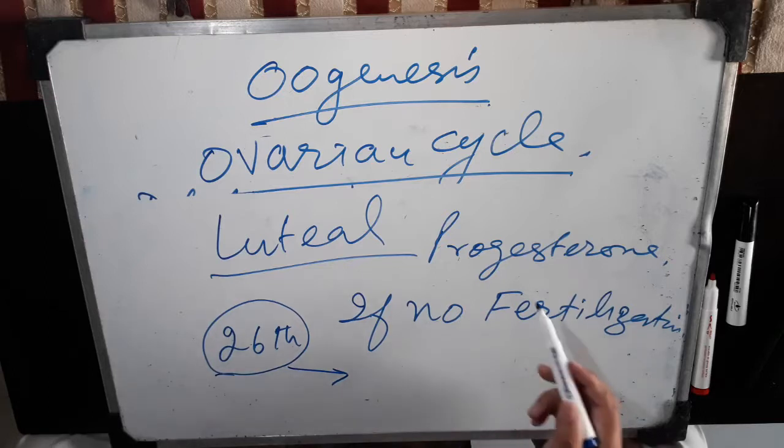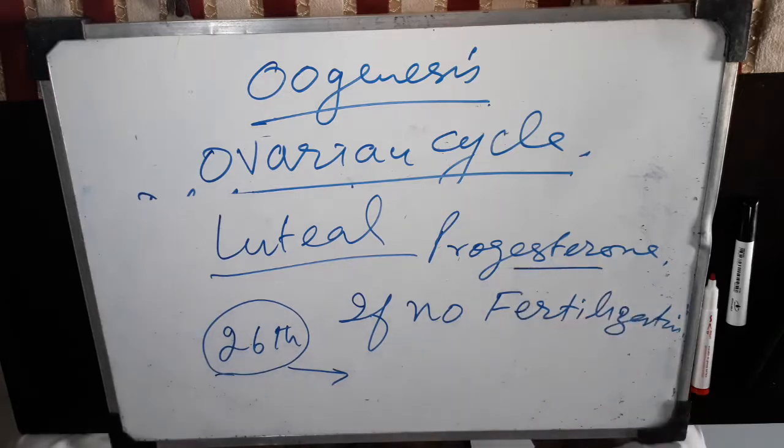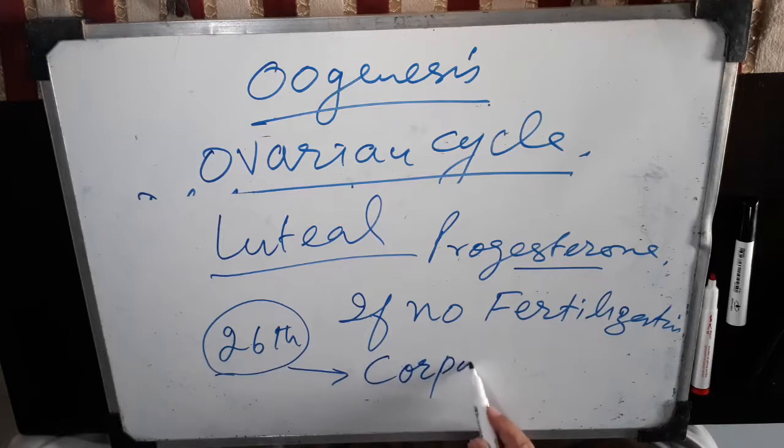The release of progesterone decreases, and this is known as the ischemic or degenerative phase of the corpus luteum. Now the color of the corpus luteum becomes white, that's why it is known as corpus albicans.